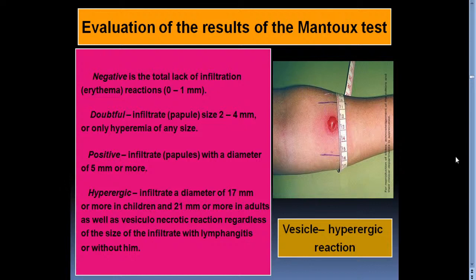And on this photo you can see a vesicular necrotic reaction of large size, more than 21 millimeters. This reaction is named hyperergic because it forms vesicles and necrosis.